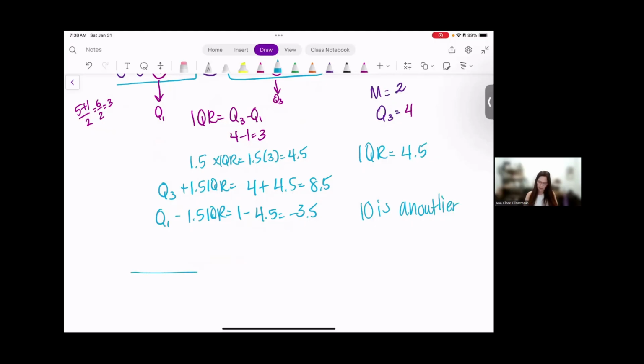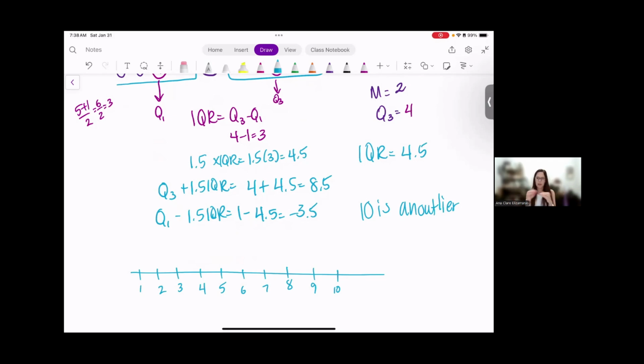And if I was to graph this box plot, there's a difference between a skeletal box plot and a modified box plot. A modified box plot shows outliers and then makes the upper whisker end at the next highest value.